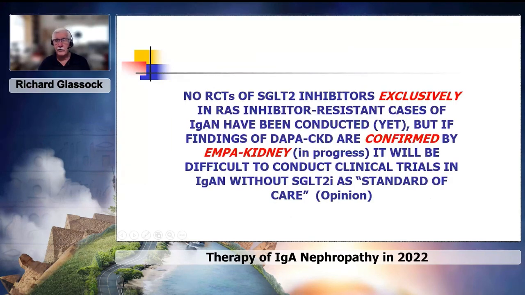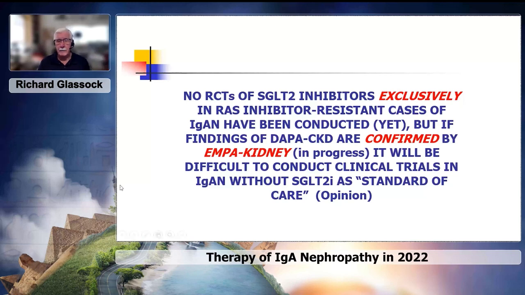Very impressive results. However, no RCTs of SGLT inhibitors exclusively in patients with RAS inhibitor-resistant cases of IgA nephropathy have yet been conducted. So this is based on a pre-specified endpoint in a group of patients in which IgA nephropathy was represented in about 6%.